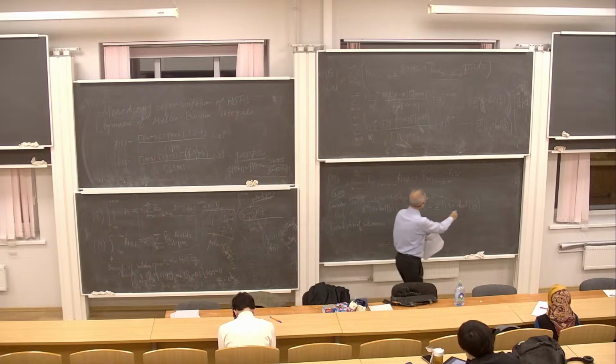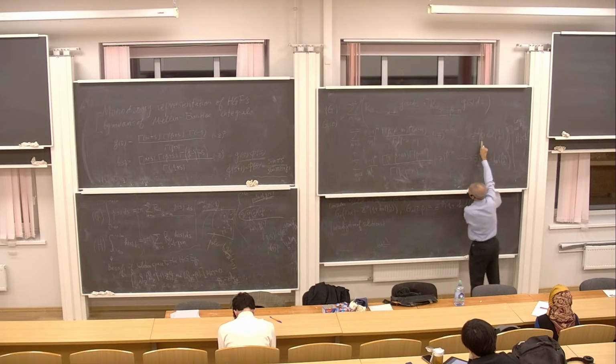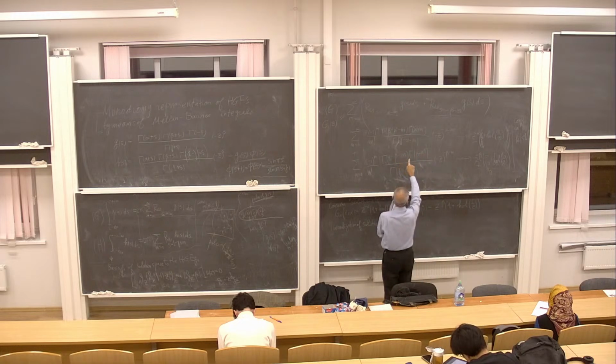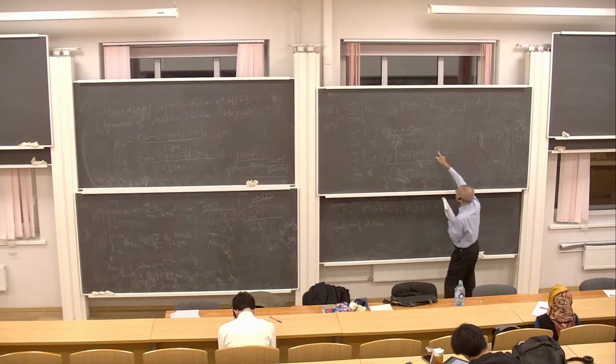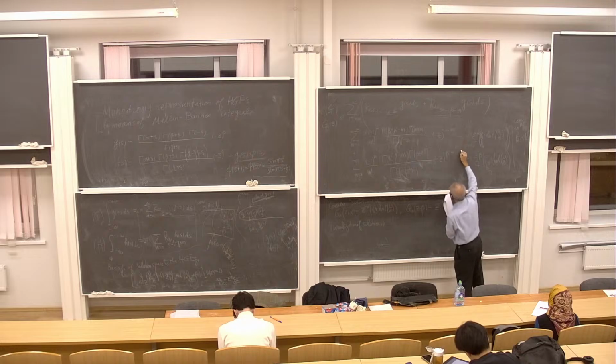So, in fact, here, C0 is, what is this? C0 is, if I put m equals 0, then it is, I think, gamma alpha, gamma beta minus alpha.